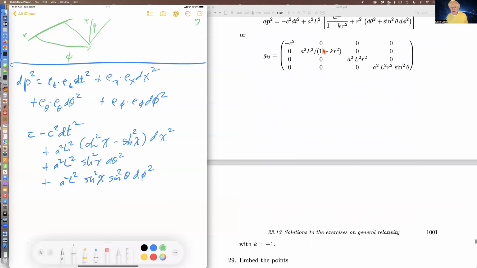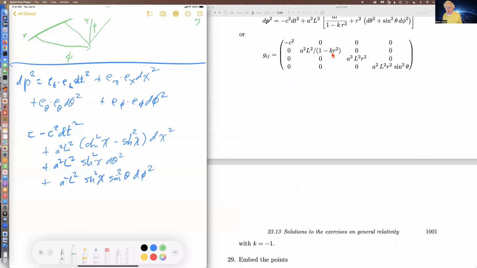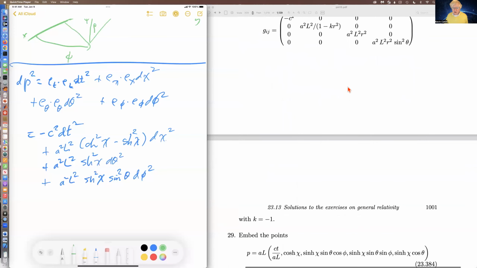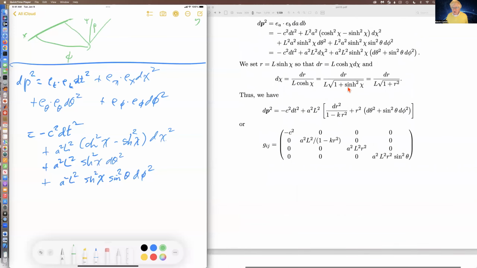Right. If k is -1, all right, let me just try to get this straight.